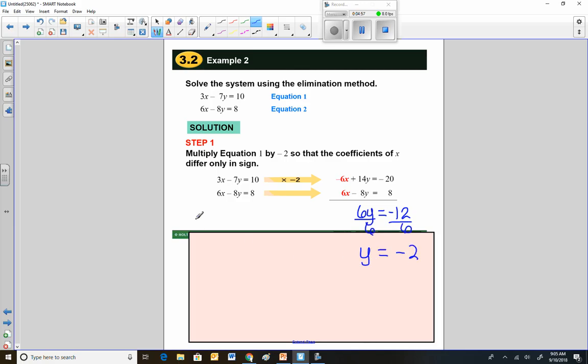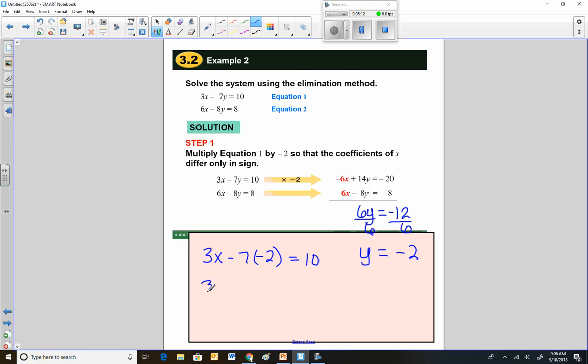Now, substitute it back into either one of the equations up here, any one of these, and I'm going to put it in the first one. 3x minus 7, and I put the negative 2 in where the y was, equals 10.